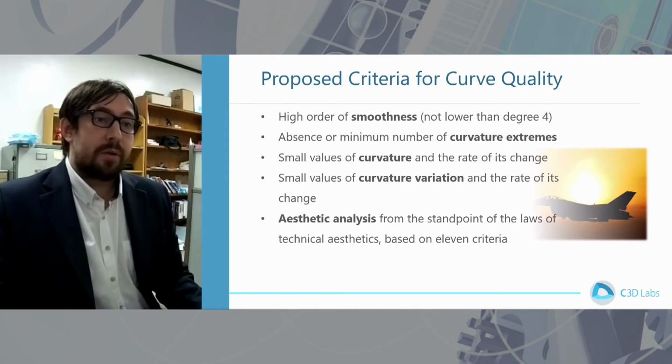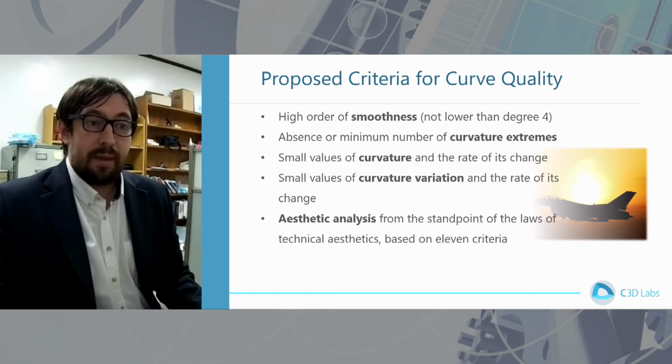Engineering practice shows that quality criteria can change over time, which does not diminish the need to develop multi-criteria methods for assessing the quality of geometrical shapes. Based on the above, Class F curves have strict requirements for fairness criteria. This is precisely how they differ from Class A curves.